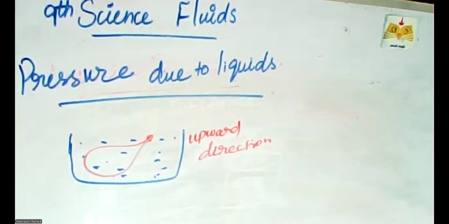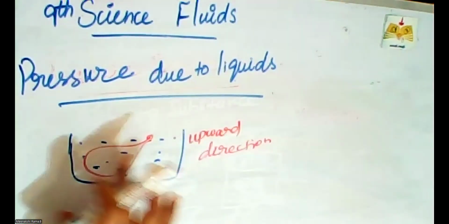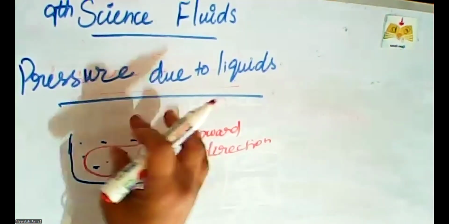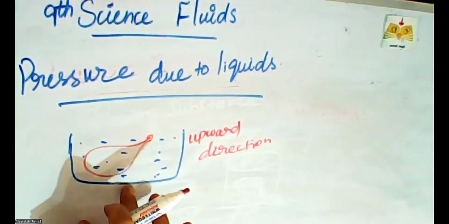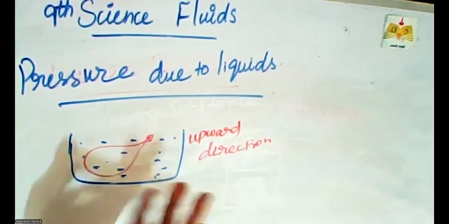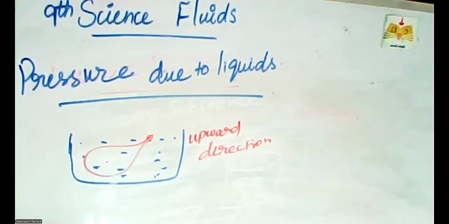Okay, so this is the first example of the pressure due to liquids. Because the balloon is filled with air, when we immerse it into the vessel, immediately it comes up, because that pressure is in the upward direction. Liquid pressure acts on the same side, in all sides.